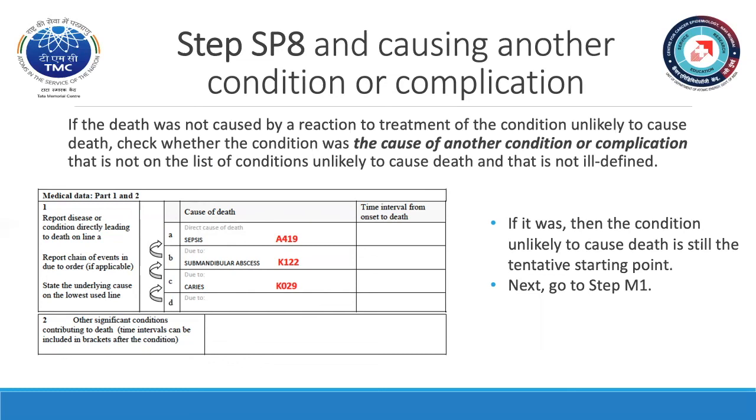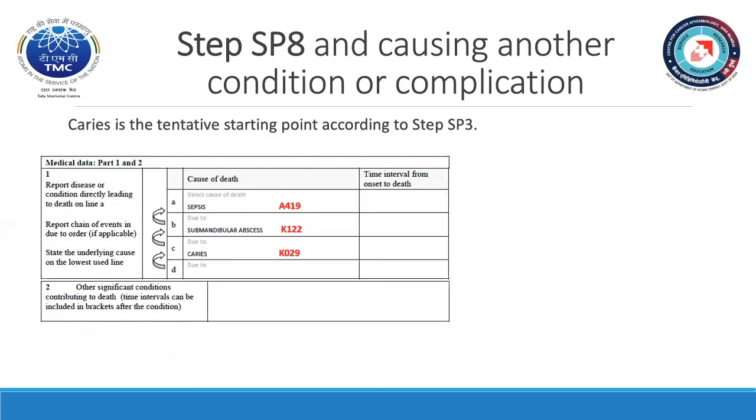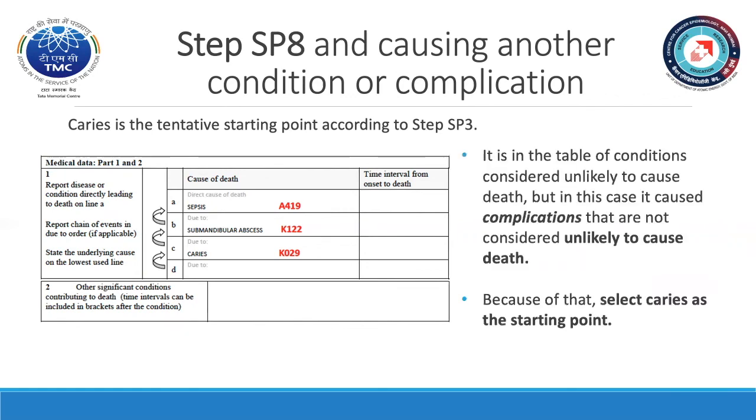Next, go to step M1. In this case, caries is the tentative starting point according to step SP3. It is in the table of conditions considered unlikely to cause death, but in this case, it caused complications that are not considered unlikely to cause death. Because of that, select caries as the starting point.